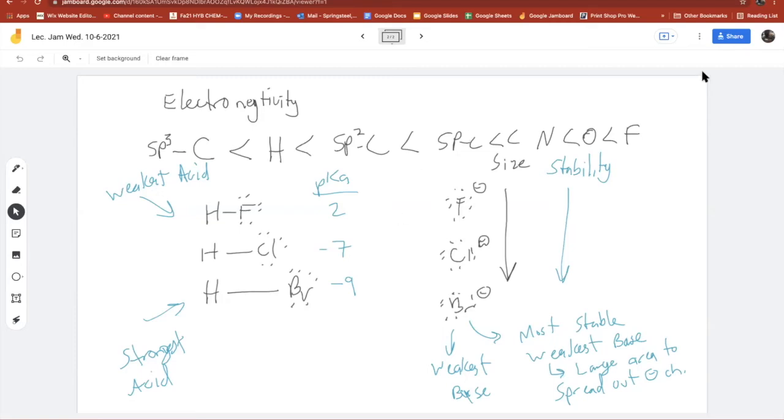All right, so back to, oh yeah, let me just say this before I go back. If this is the weakest acid, do you think its bond is stronger or weaker than the other ones? It's a weak acid, it's going to be hard to break.